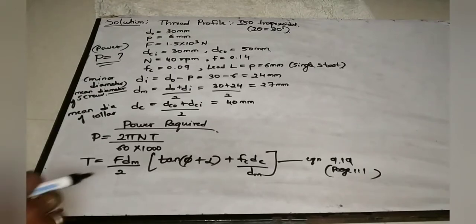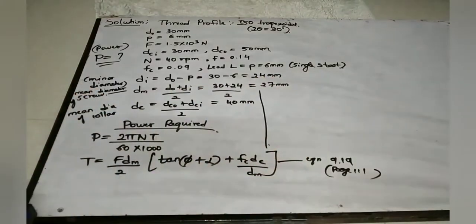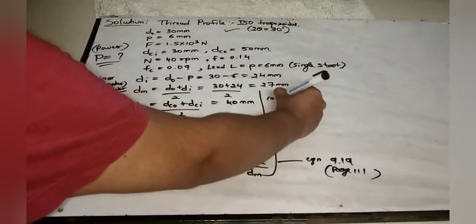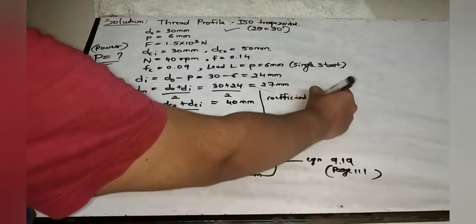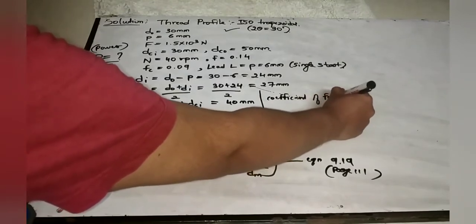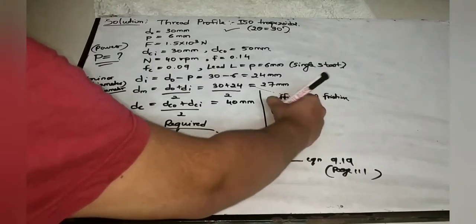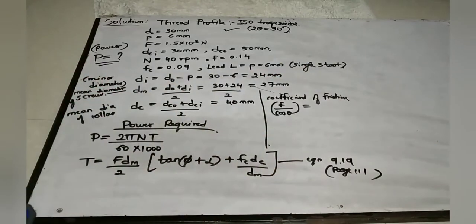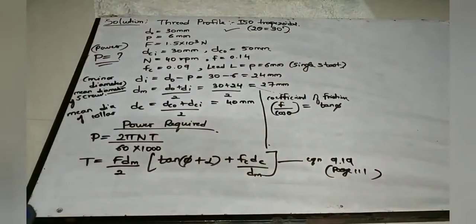So let us first find this phi. It is an ISO trapezoidal thread. So coefficient of friction, that is f by cos theta, is equal to tan of phi. This is also known to you.